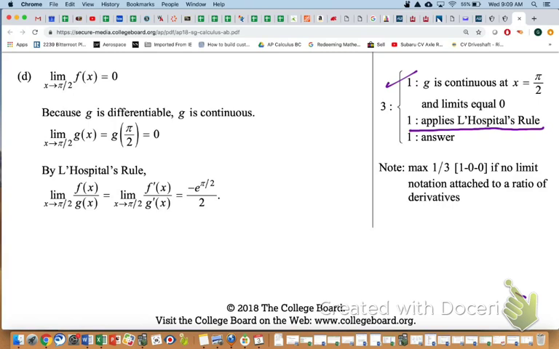But the last 2 points, I'm like, come on, you can do this. How did you show your L'Hopital rule? Did you show limit of top equals 0, limit of bottom equals 0? I think you're good then. So perhaps a 2 out of 3 then.